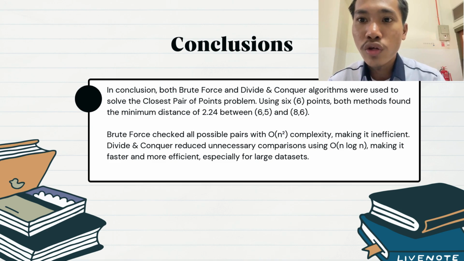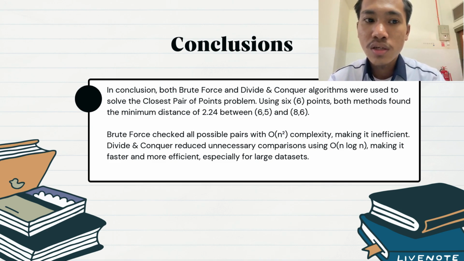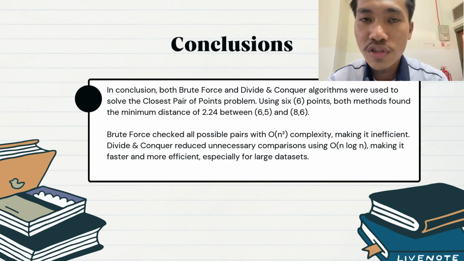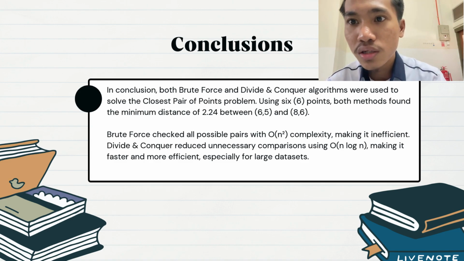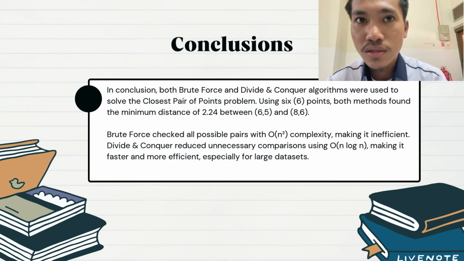However, if we compare which has the best efficiency, we can conclude that divide and conquer is more efficient, because brute force will check all the pairs and all the possible answers, such as I already did, which is 15 possible answers. However, divide and conquer will separate the problem into two sub problems, and it will decide which one is the best.